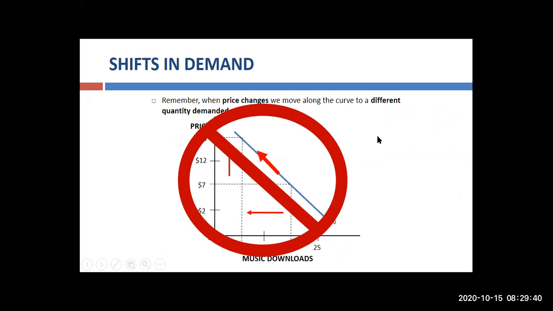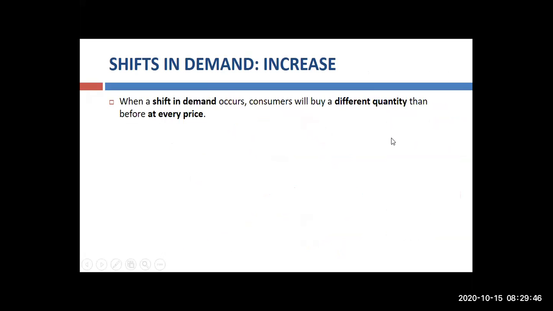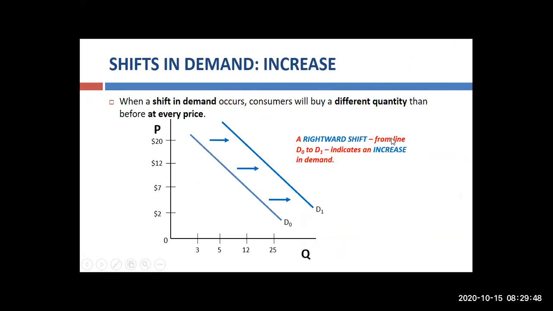Okay, what we're going to do now is something different. We're going to move the entire curve in a direction. The curve will shift either one way or another. In this example, this is an increase in demand. Whenever there is an increase in demand, the demand curve will shift to the right.